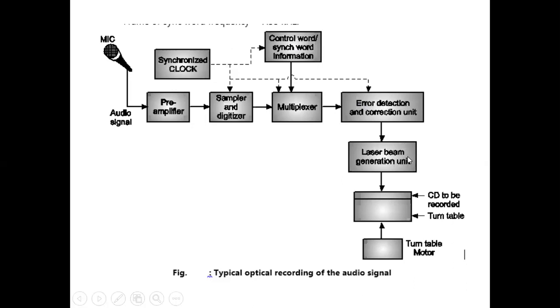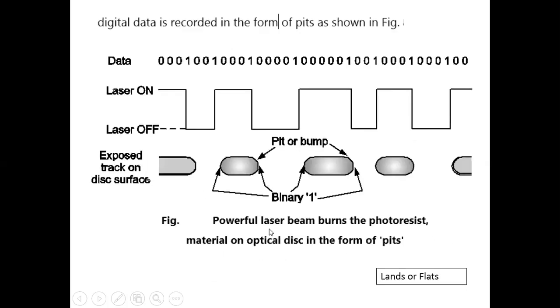Then it is given to a high intensity laser beam which takes that digital data and burns the information into the photoresistance material available in that optical disc. So the information is written digitally in the form of ones and zeros, and this turntable motor is there to rotate that specific CD at the specific rate, which we will see in the next slide.